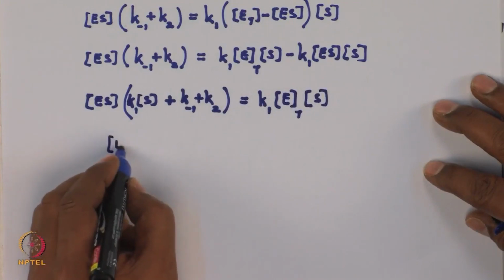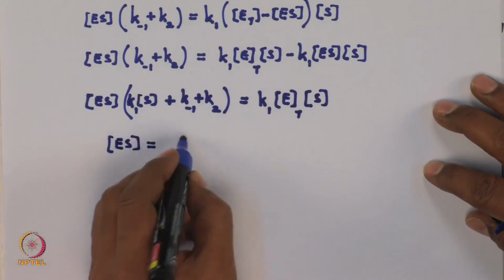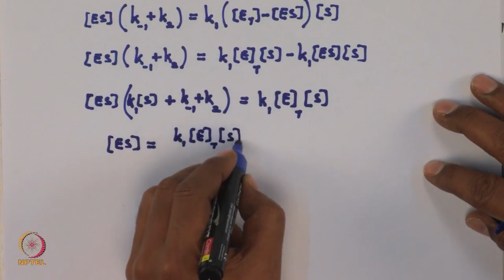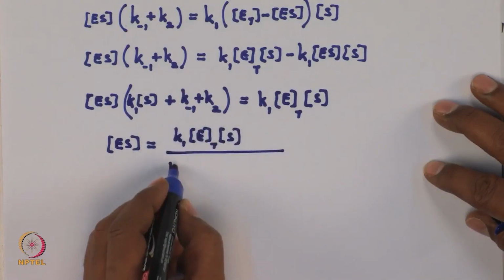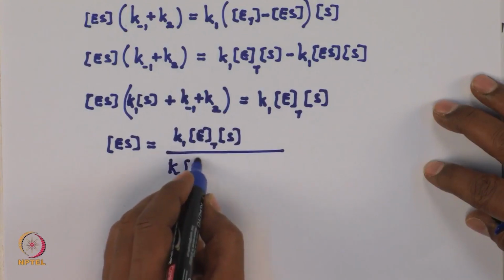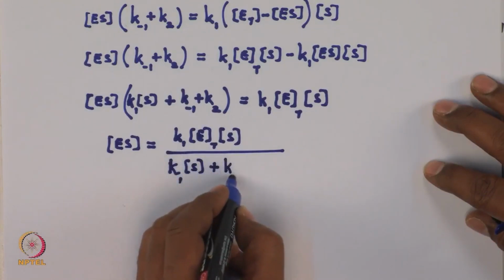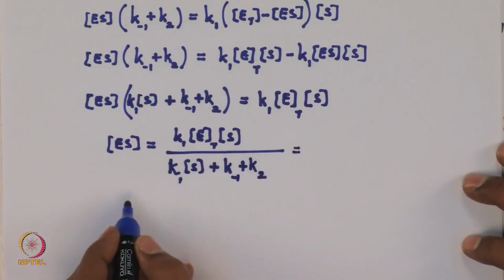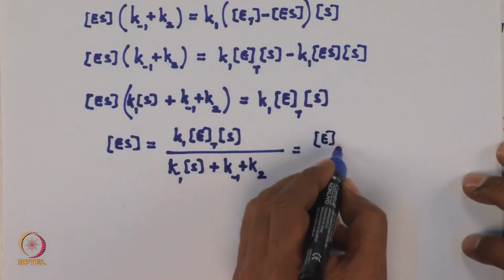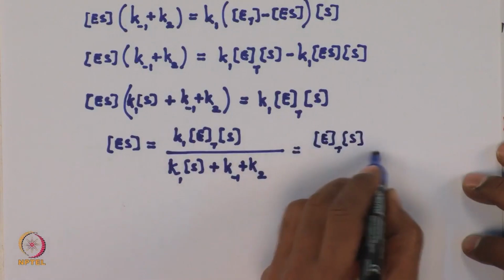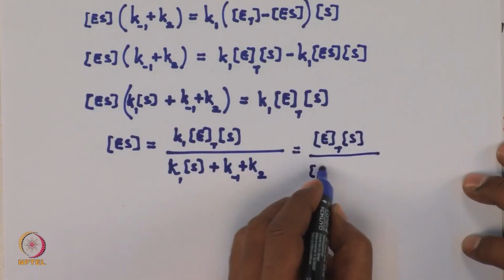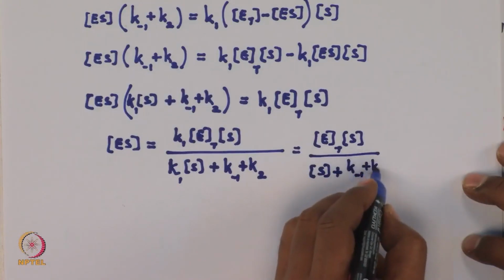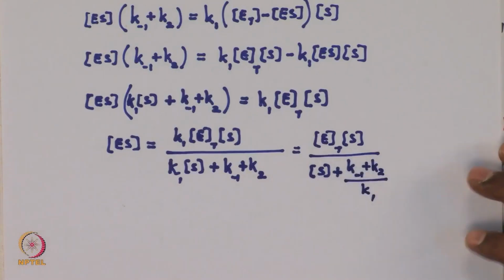So, therefore, ES is equal to K1 into total enzyme concentration into substrate concentration divided by K1 S plus K minus 1 plus K2, which is equal to total enzyme concentration into substrate concentration over concentration of S plus K minus 1 plus K2 over K1. I have divided throughout by K1.